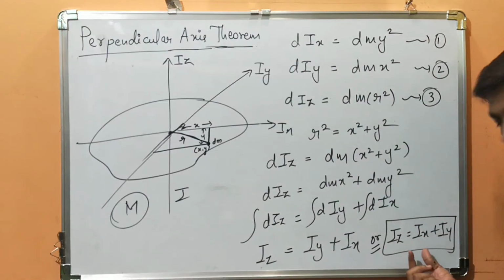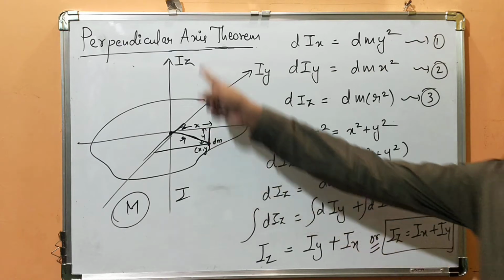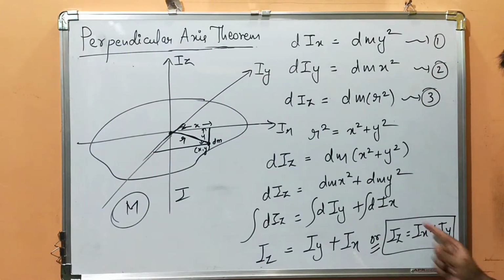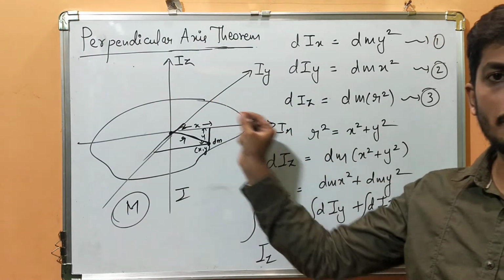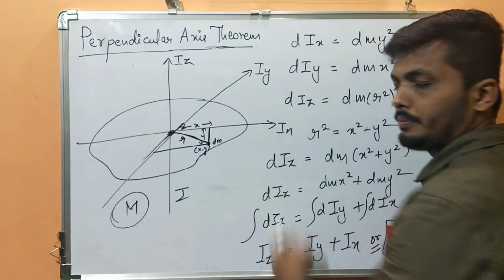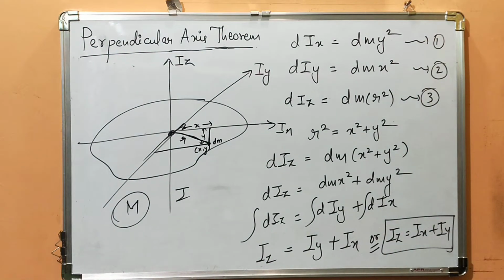So is it not what the theorem tells us? The moment of inertia about the z axis, which is perpendicular to this body, is equal to the sum of moments of inertia about any two mutually perpendicular axes passing through a common point. Have you understood the proof of this?